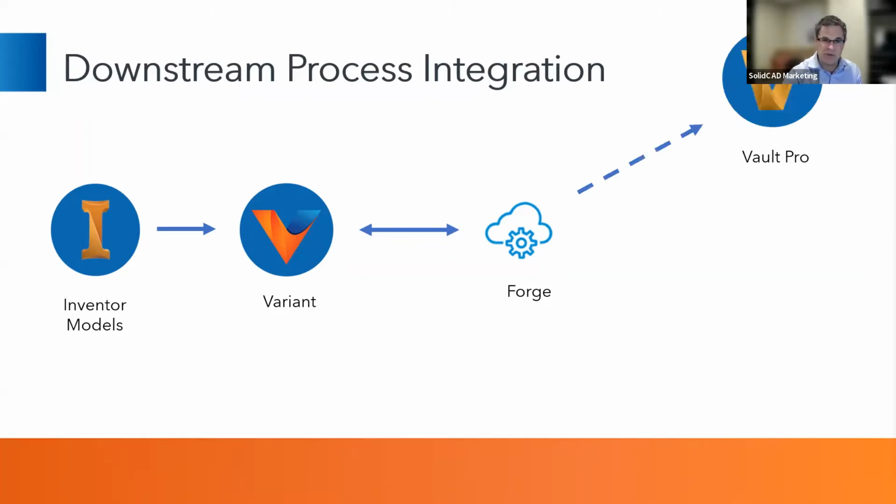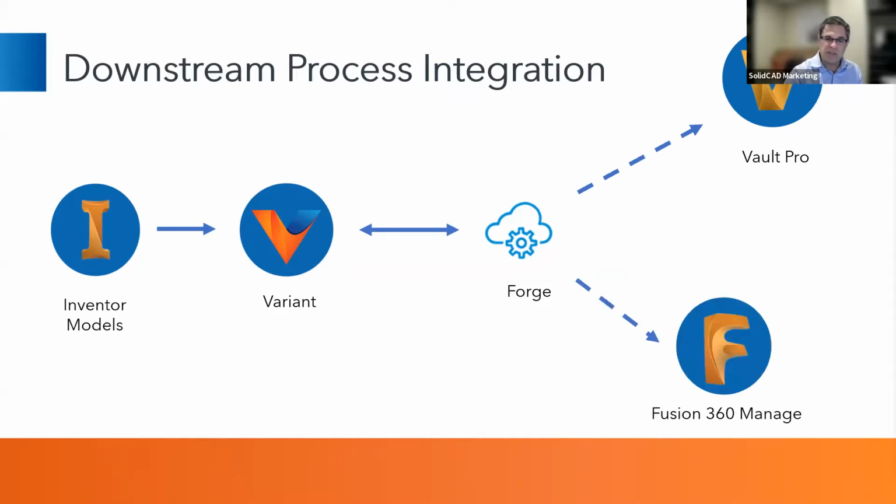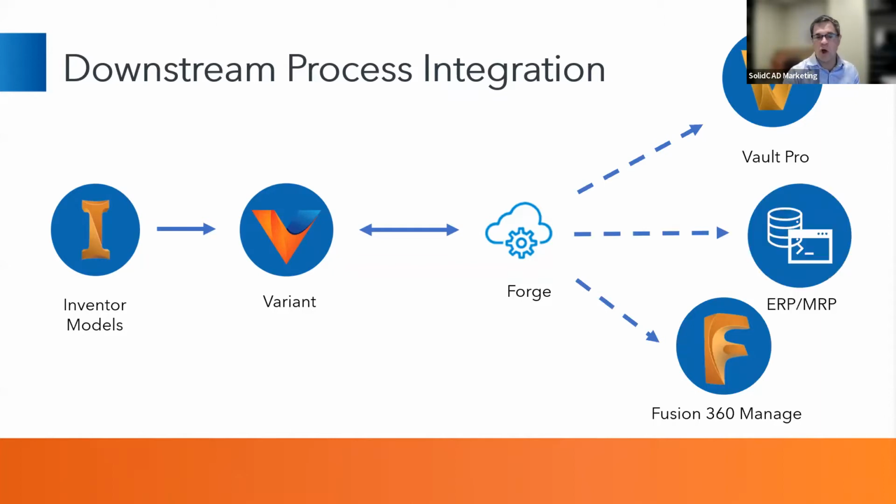We can also use Forge or Platform Services to take those configurations, once those customers are done with them, and put them into Vault, put them into Fusion 360 Manage or PLM to manage that workflow, send them off to your ERP, MRP system, because configuration environment means every order is going to be a little unique.